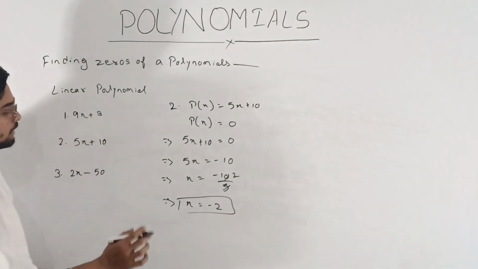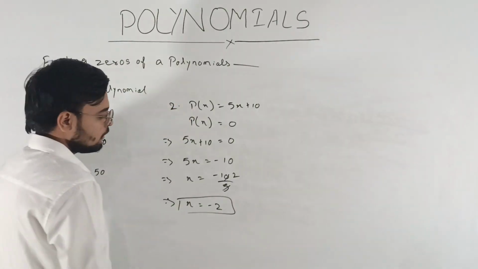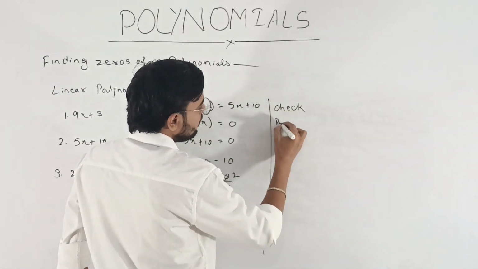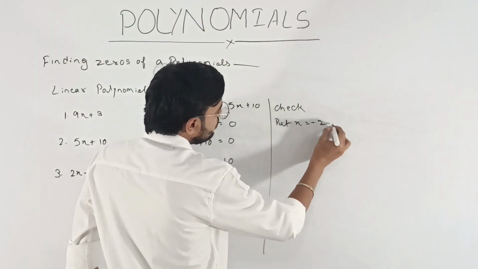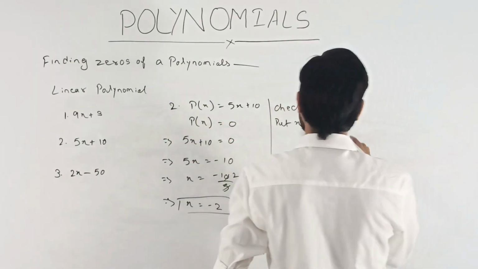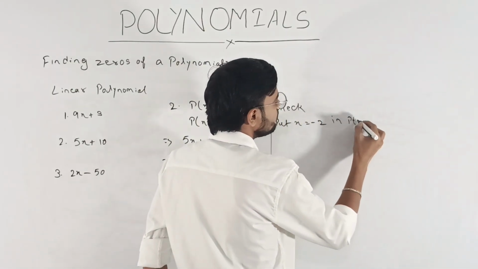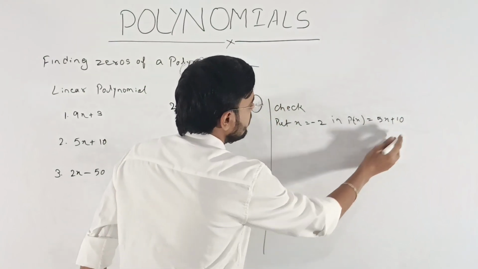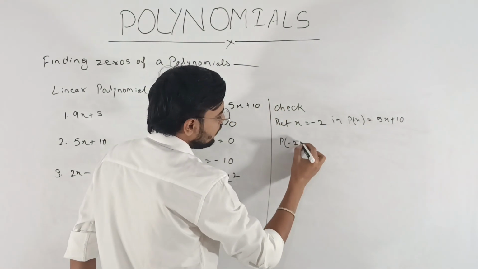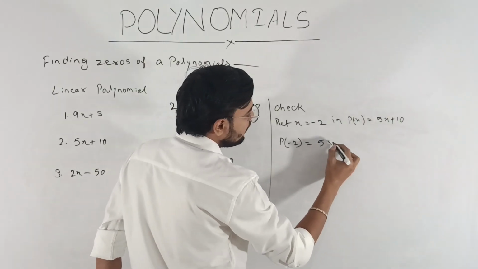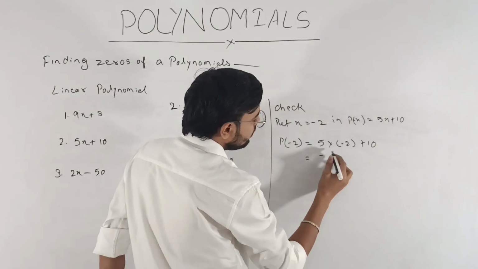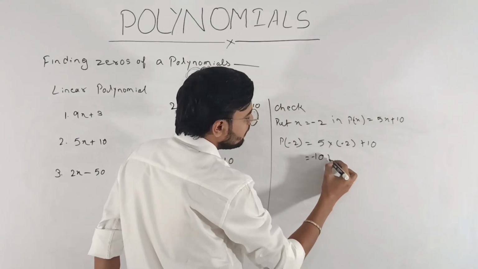Now minus 2 is the zero of this polynomial. Now we check whether this is true or not. For checking, we put x equal to minus 2 in polynomial p(x), that is 5x plus 10. So 5 into minus 2 plus 10, then 5 into 2 is minus 10, plus 10.